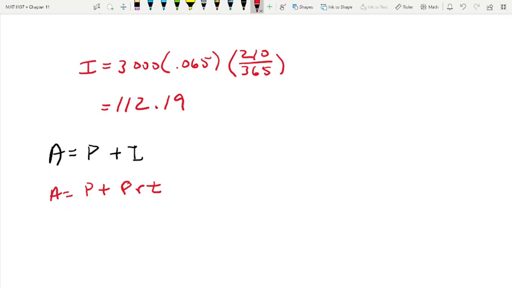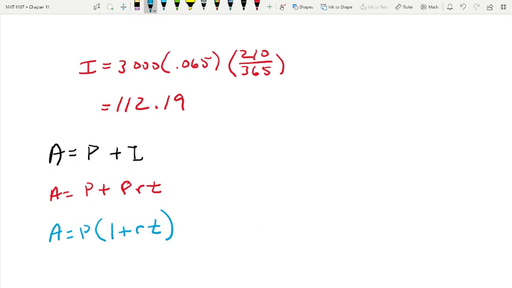All I did is replace the I with my PRT. And then I could rewrite this one more time and say A is equal to P times 1 plus RT. So another way of rewriting the same thing. Basically I took the one in the red and I factored out my P and got that.